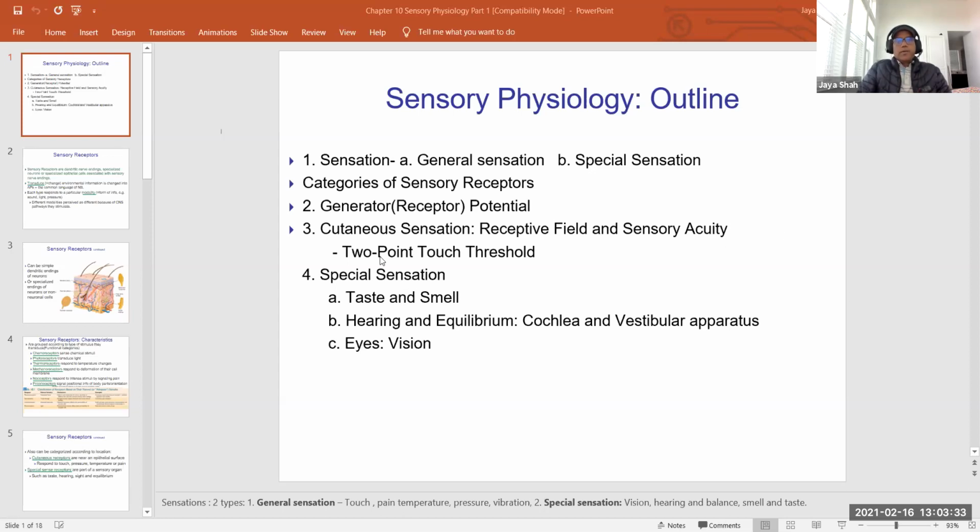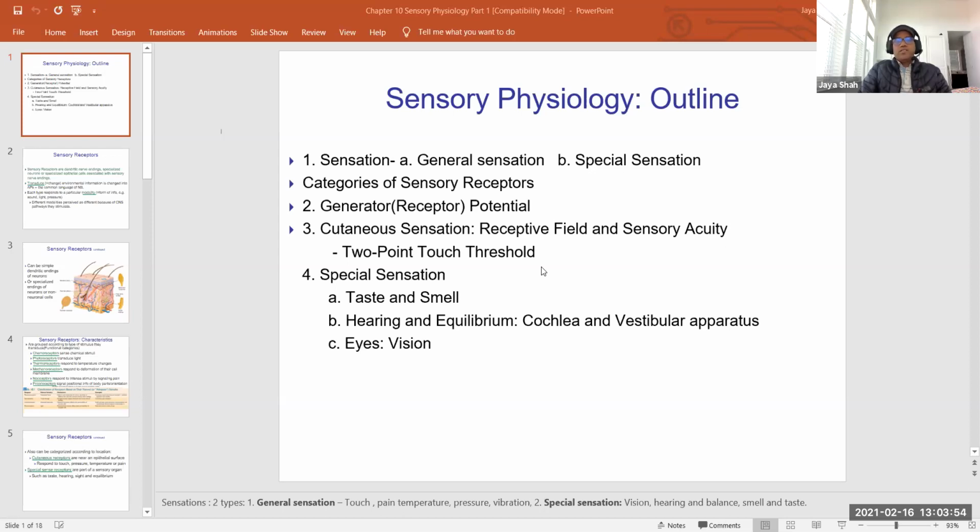Okay, so cutaneous sensation means the sensation of your skin, and skin has several receptors for touch, pain, vibration, and pressure. And then we will talk about how we determine which areas of the skin are very sensitive.